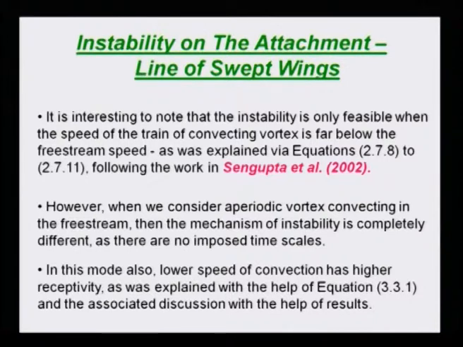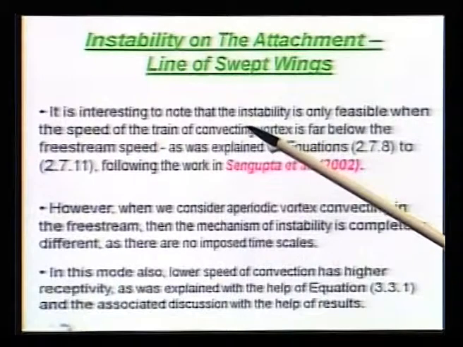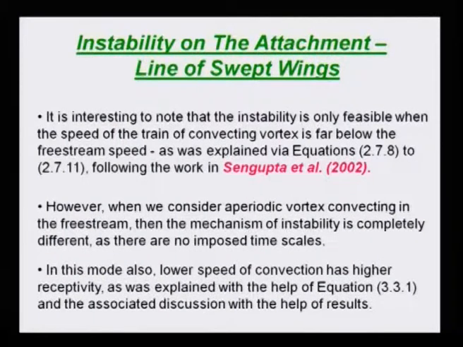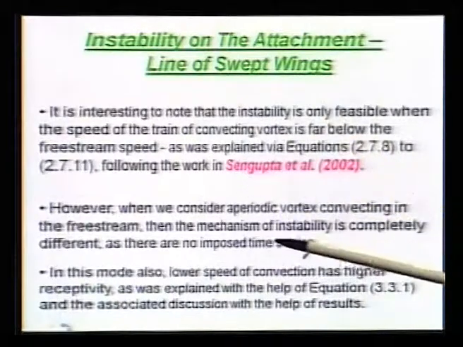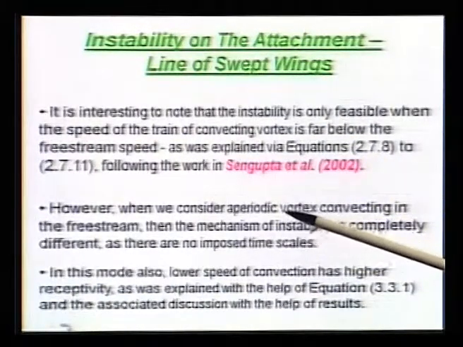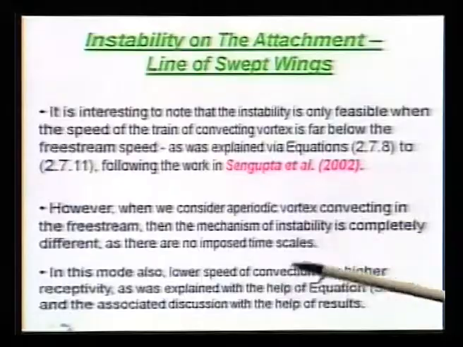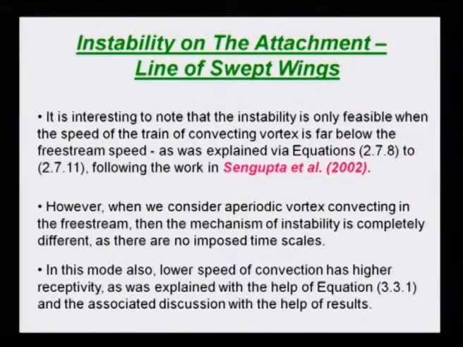Now, we reiterate that instability is only feasible when the speed of this train of convecting vortex is low. Remember, we did that case where we have periodic vortices. There also we found out that you basically have to have a speed which is lower. Why?